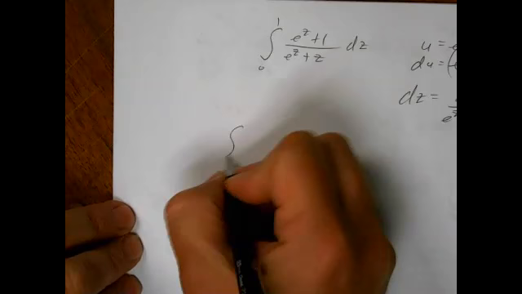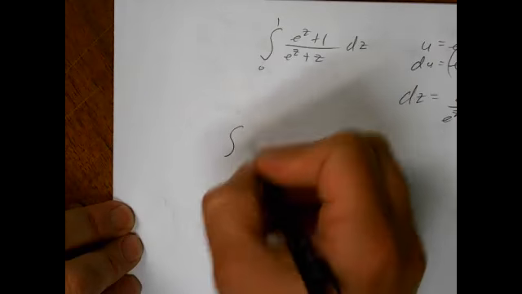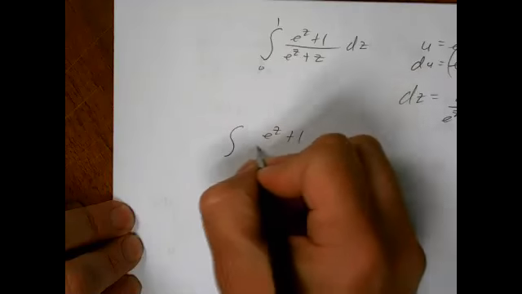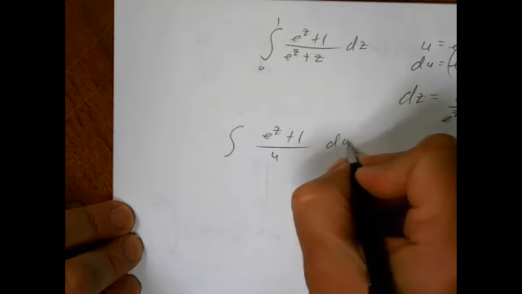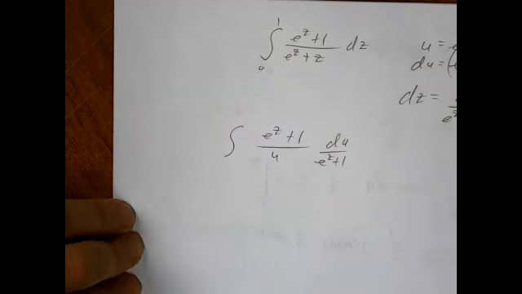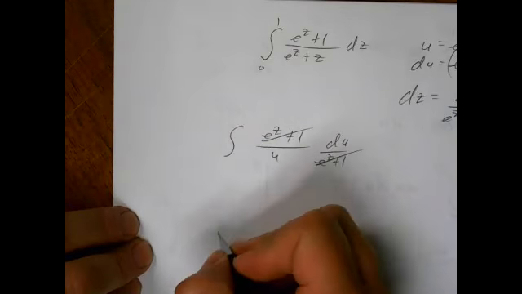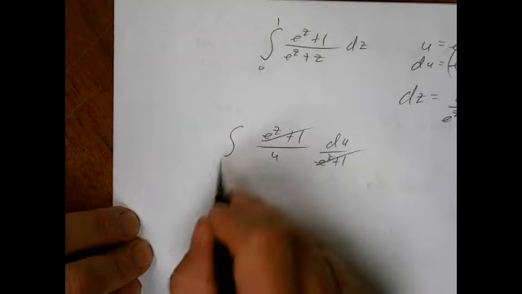So the integral from wherever to wherever of e to the z plus 1 over u, and du over e to the z plus 1 takes the place of dz. That cancels. Again, notice I'm leaving off the limits of integration because of what I'm going to do.